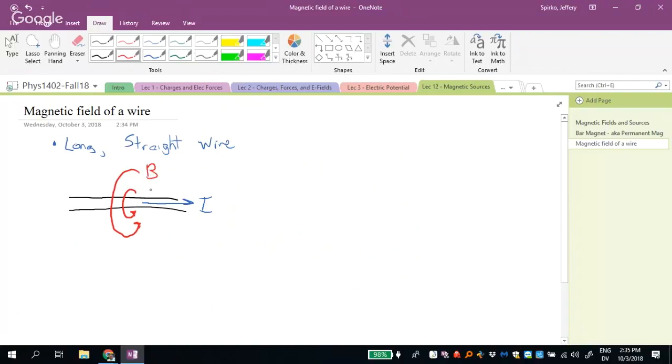B. And since the magnetic field is a vector, we should be able to figure out its strength or magnitude and its direction. So let's do the magnitude first.